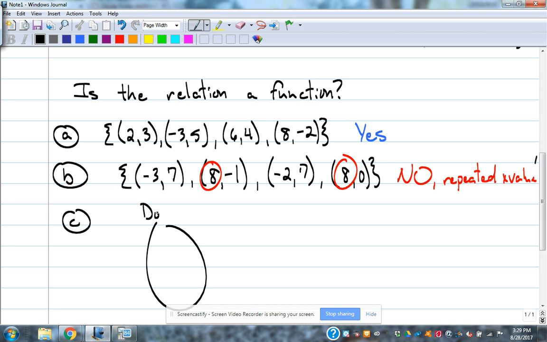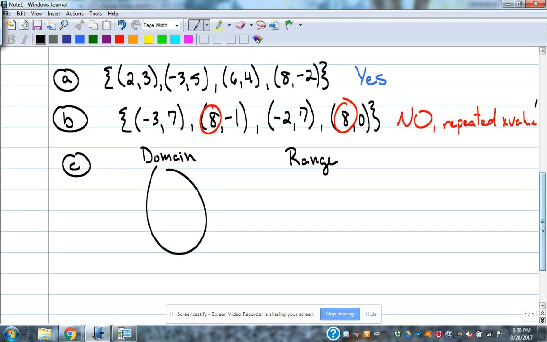The next representation we want to talk about is what's called a mapping. And a mapping is basically taking a couple of bubbles, a domain and a range bubble, and putting some numbers in there, 3, 5, 7, -2, and 6, and then mapping the domain value to the range value. And when they map that, they just draw an arrow.